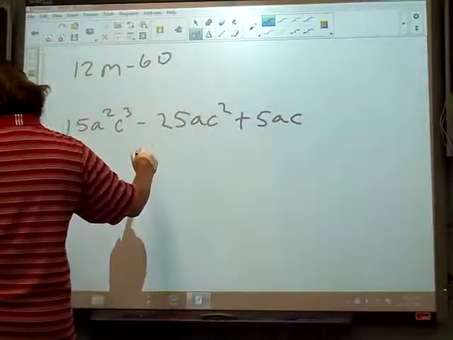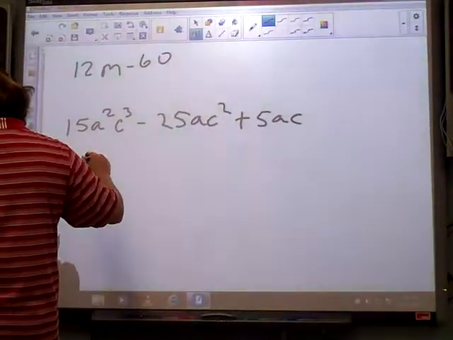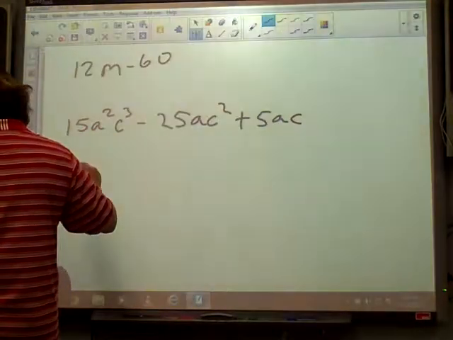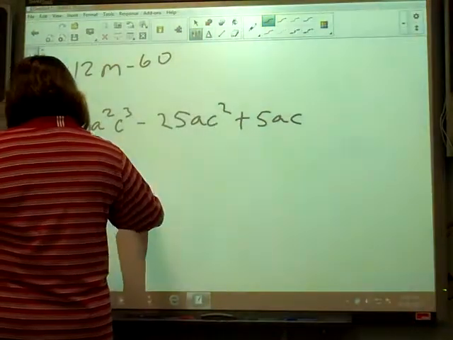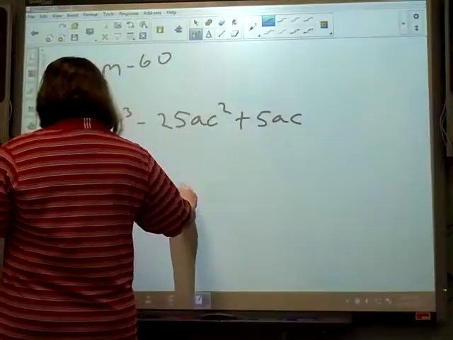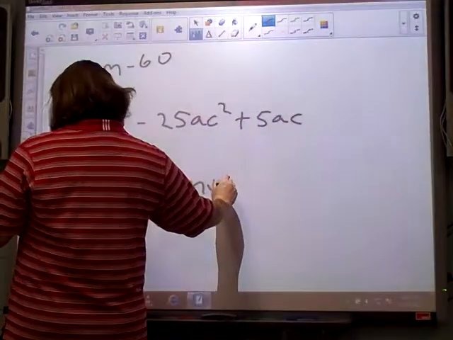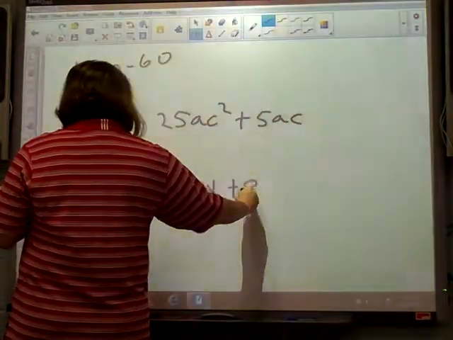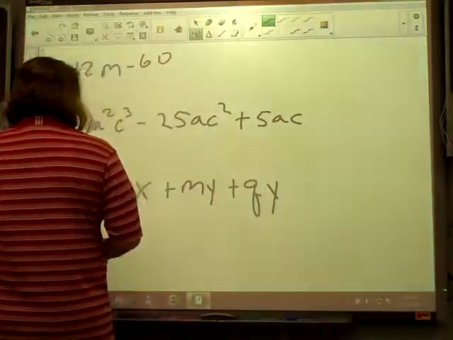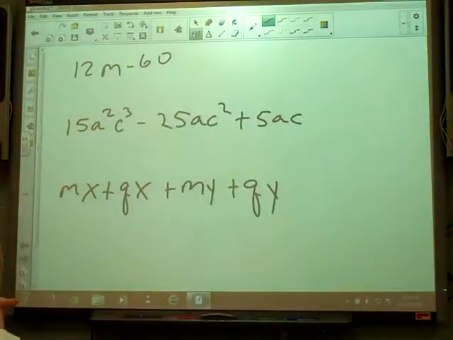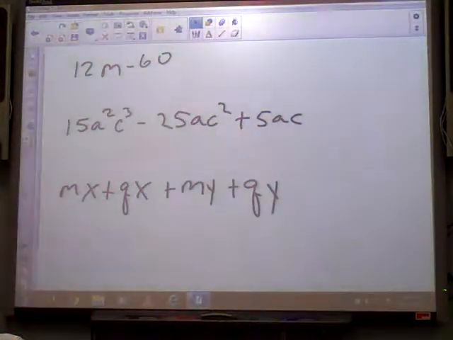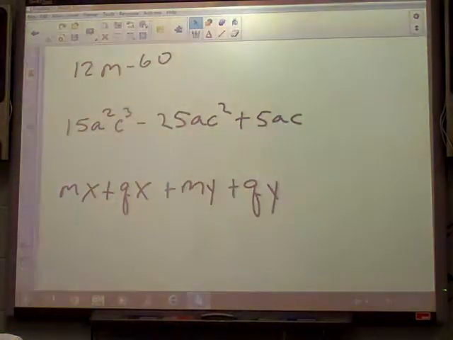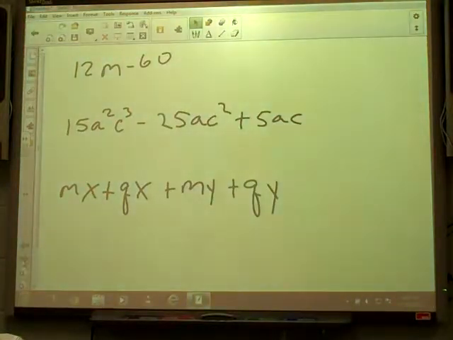And then the last one will be our grouping one: mx plus qx plus my plus qy. Number 1 and 2 are just GCF. Number 3, the last one, is the grouping one. Get the answers to those 3.